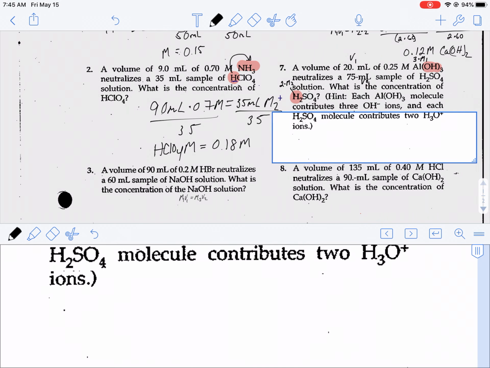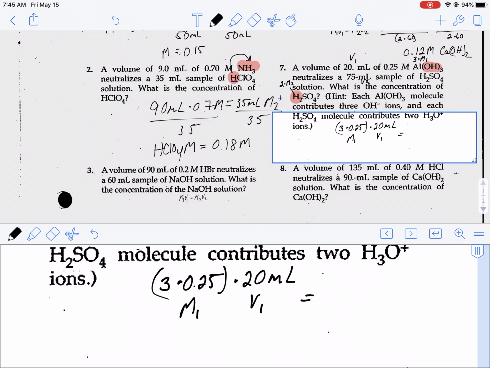So what I end up with is M1V1, so 3 times 0.25 times 20 milliliters. So this is my M1 and this is my V1. And it's going to equal 2 times M2, because it's H2SO4, times my V2 of 75 milliliters.